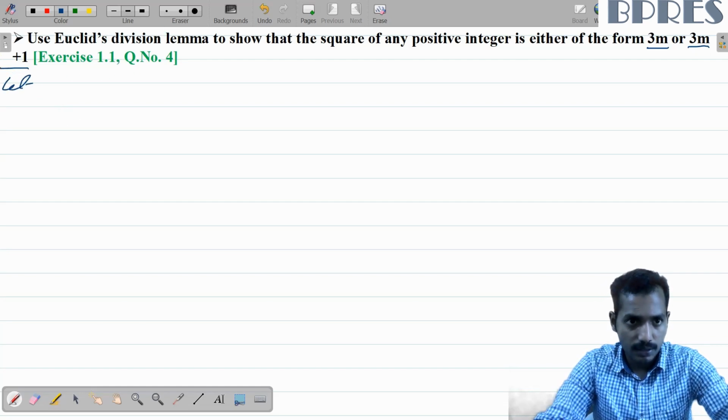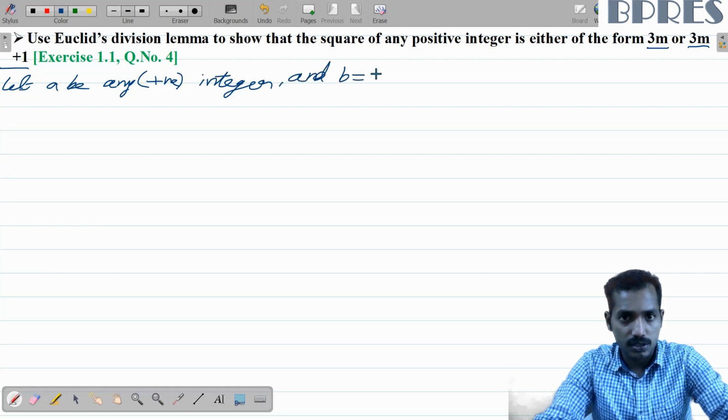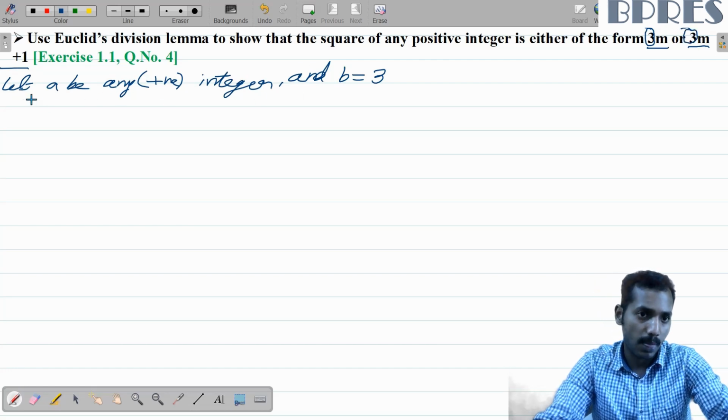Let a be any positive integer and b equal to 3. Why b is equal to 3? Because in this form b is given as 3. Clear? So we are choosing b equal to 3.